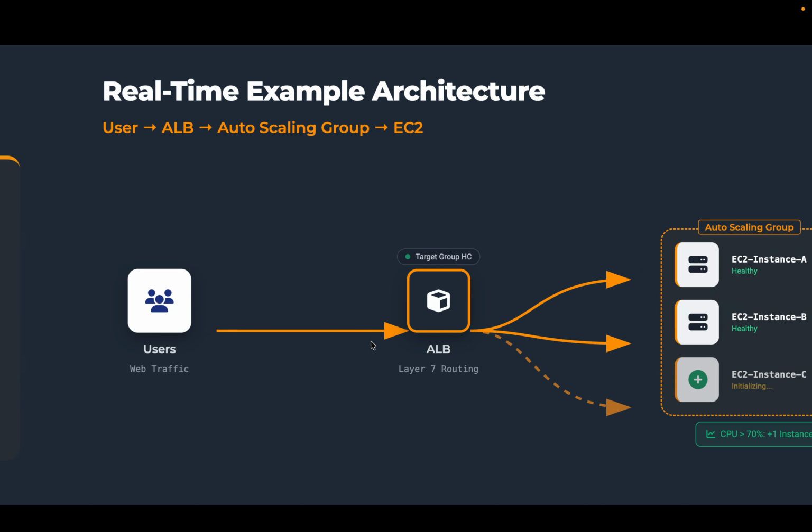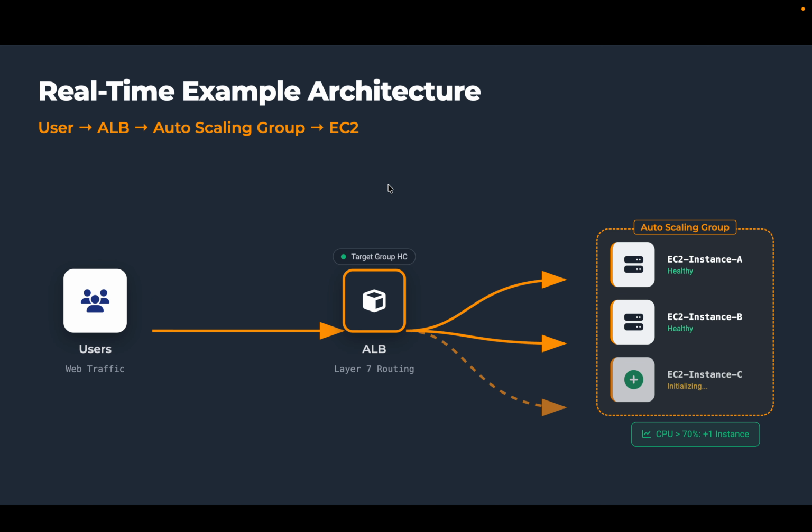Yeah, this is a real-time example of the architecture. Here are the users, that is the web traffic incoming to the application load balancer. That is our application load balancer, and the traffic gets distributed, because here we have EC2 instances in an auto scaling group. What is the auto scaling group? We have the 3 groups. If our load increases, then it adds an extra instance to our auto scaling group.